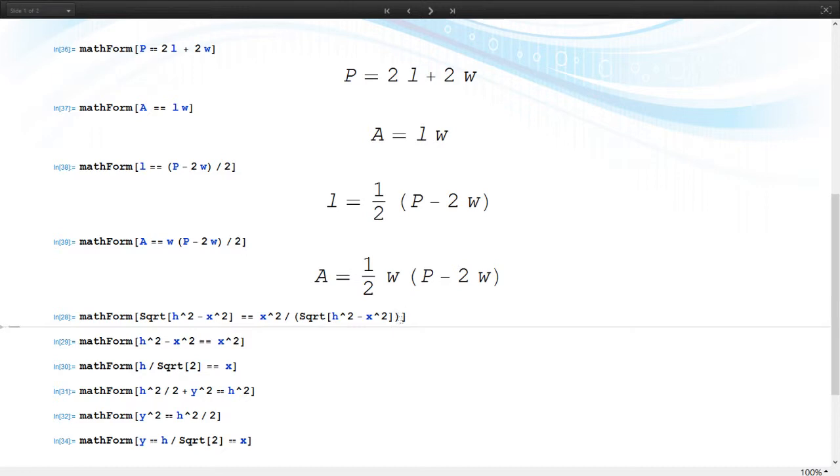which means we can take a derivative. The area is equal to, we can multiply through or use the product rule. I'm going to multiply through. So let's do that. We have WP over 2 minus W squared.